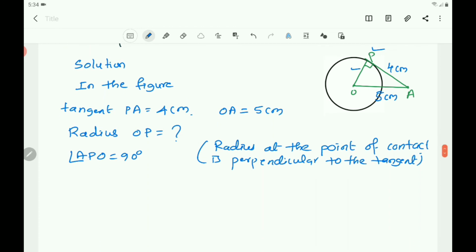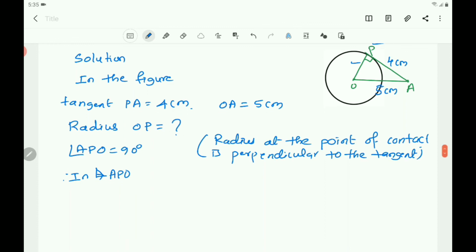Then you write, therefore in right angle triangle APO or OPA, what you have to find out here? OP. So OA is the hypotenuse. OA square equals OP square plus AP square.